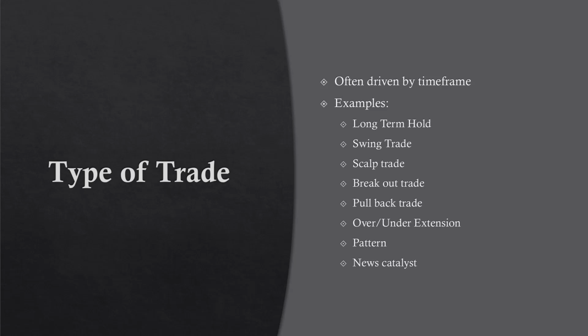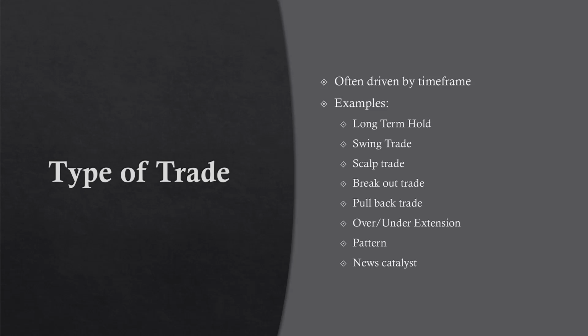A news catalyst. You'll find this in the equity market a lot. A lot of times something will be moving in the pre-market, and you'll look and see that there is a news catalyst there. So that will be one trade idea, that there's a news catalyst, and the news catalyst probably has the potential to continue the movement that the pre-market is trading. That's a really good trade idea if you're doing swing trading or even scalp trading in the equity market.